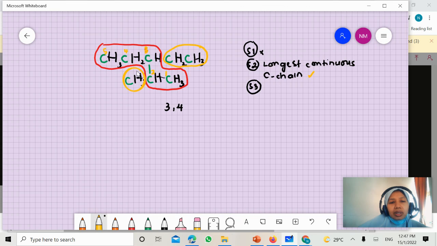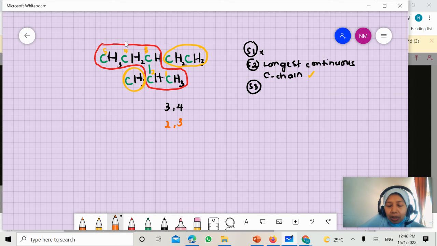Okay, as you can see now, our substituent is at carbon number 2 and carbon number 3. Okay, 2 and 3. Which one is better? 2, 3, which are lower than the one before, 3 and 4.